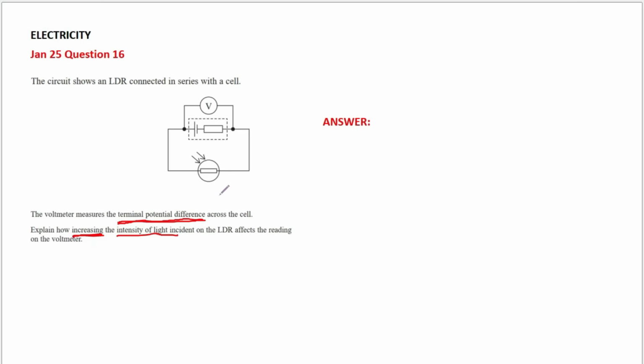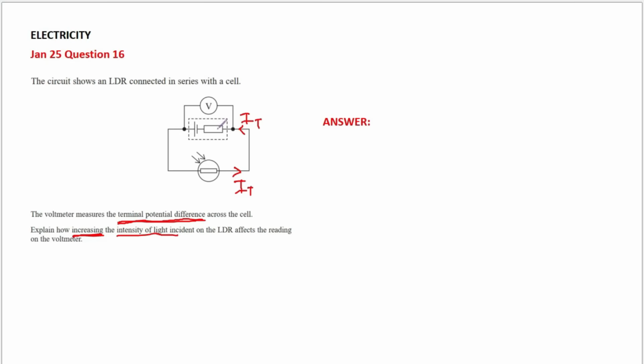If the resistance decreases, see, this is a series circuit. If the resistance of the LDR decreases, the total resistance decreases. The EMF remains the same, so the total current increases. And this current flows through the internal resistor as well, right? So the potential difference across the internal resistance increases.